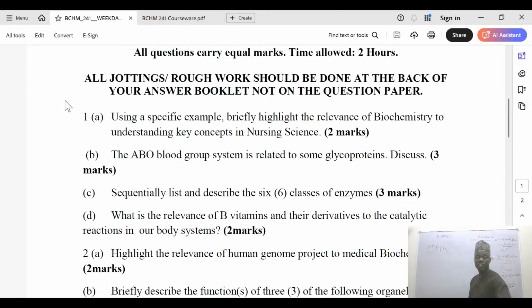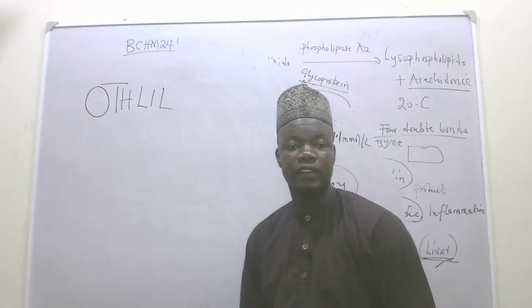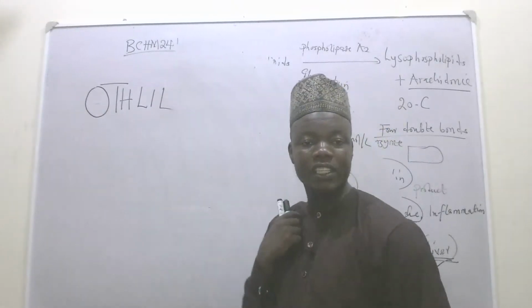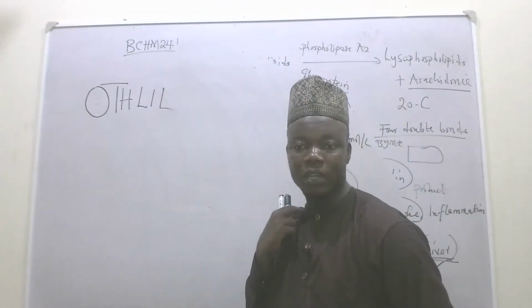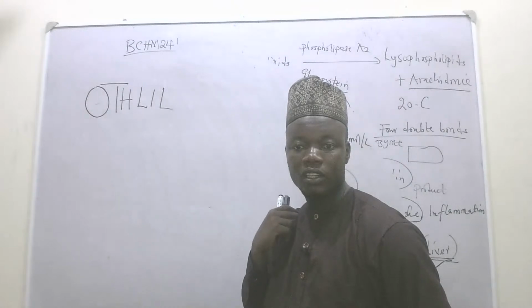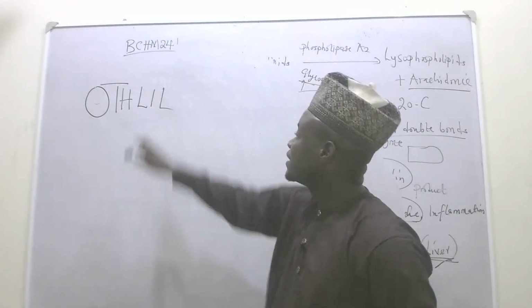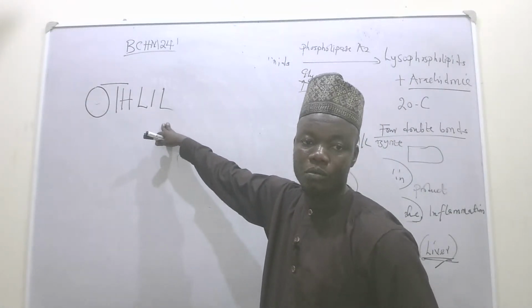Okay, I will increase the screen. So that is the answer: the 6 classes of enzymes. These are the 6 classes of enzyme, ORTHOLIL.